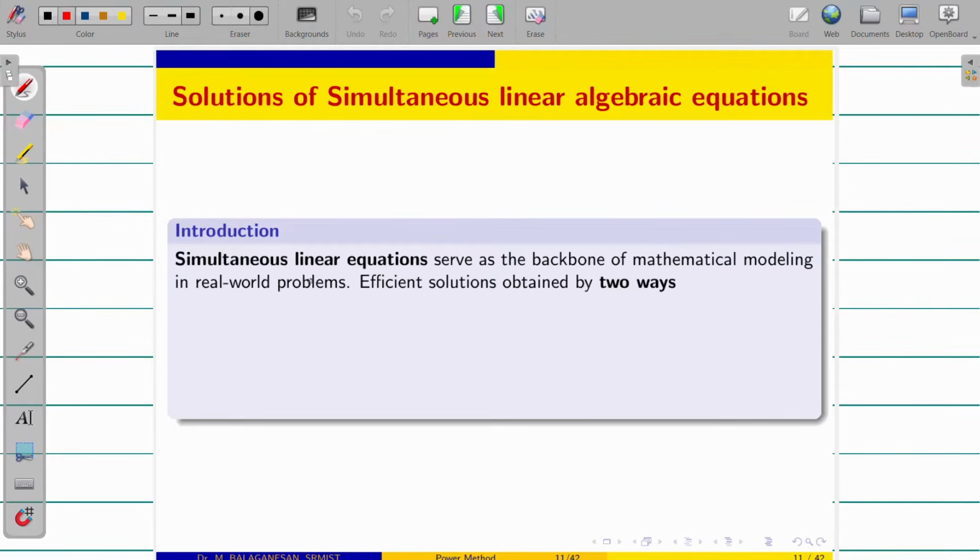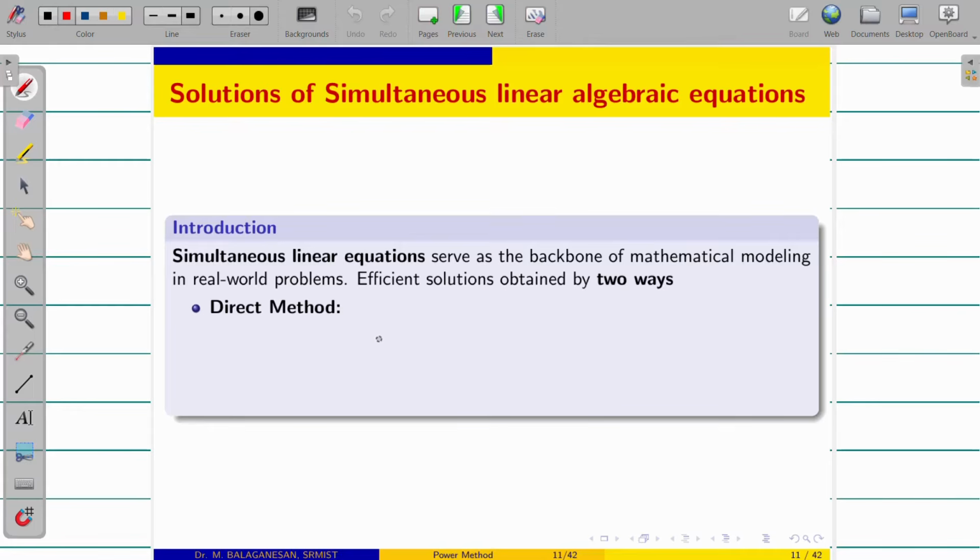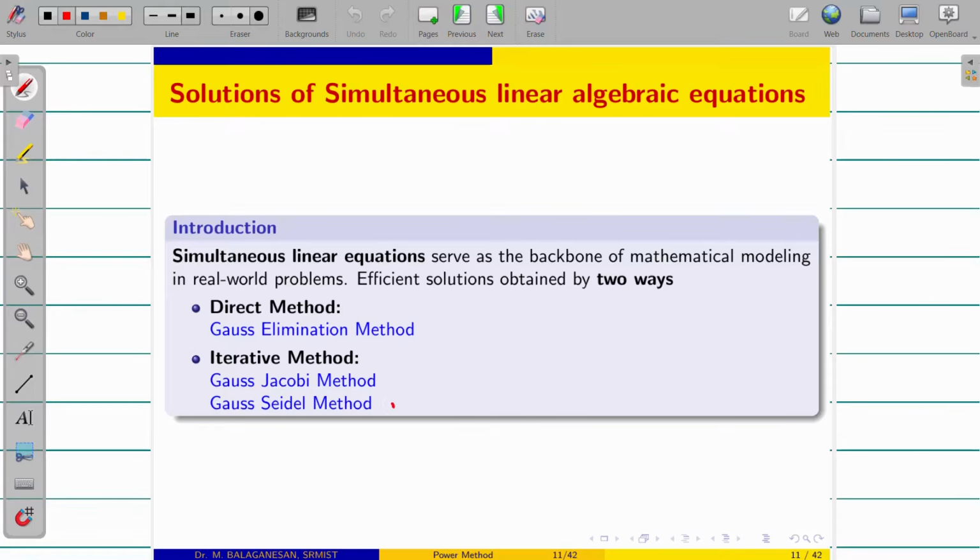Now, for a system of simultaneous equations, as I told you already, we can solve this in two ways. One is the direct method, in which we have the Gauss elimination method. The other is the iterative methods. We have two methods in your syllabus: Gauss-Jacobi and Gauss-Seidel.